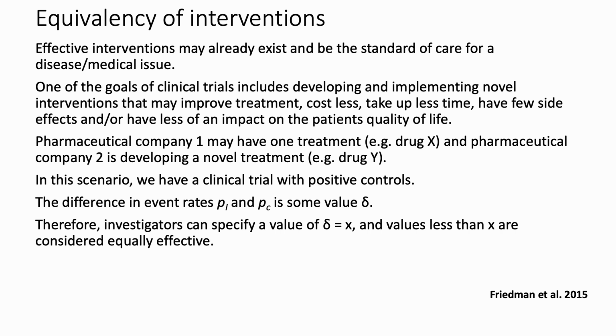Now in this scenario we have a clinical trial with a positive control. The difference in event rates between P1 and PC can be some value delta. Therefore investigators can specify a value of delta equal to X, and values less than X are considered equally effective.